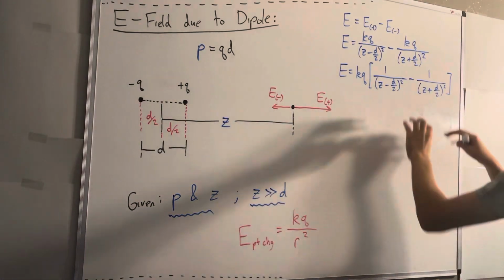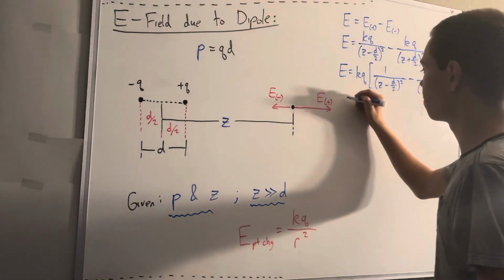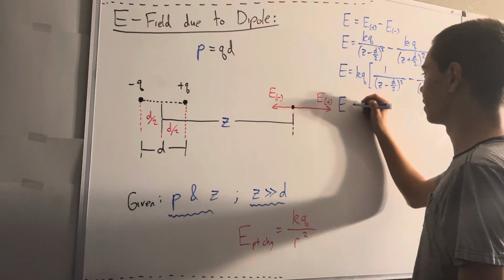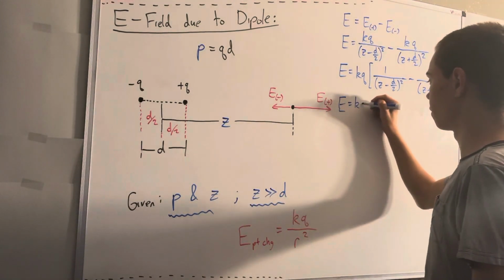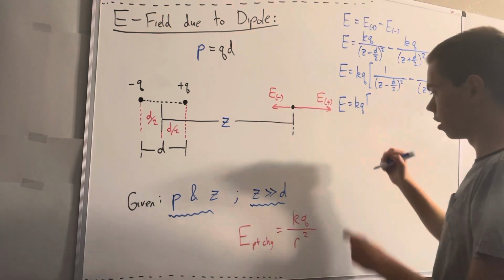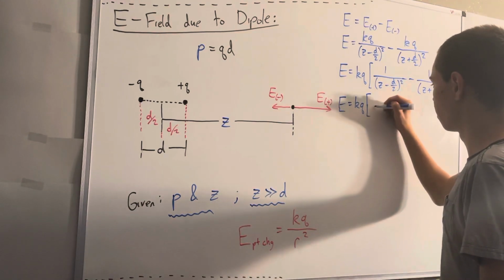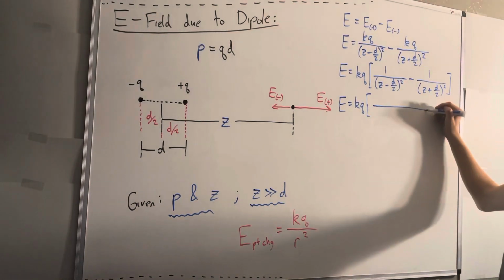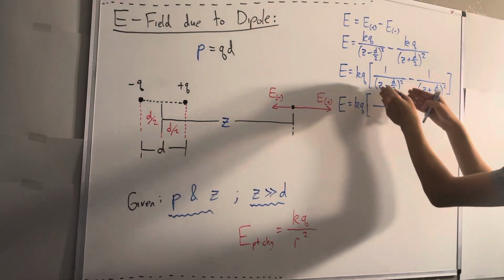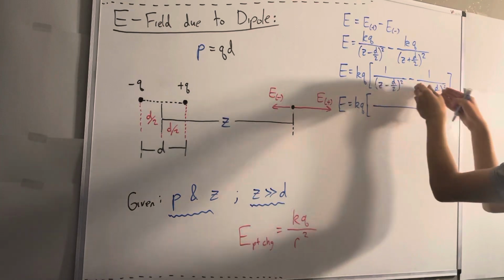Basically, all we have to do now is combine these fractions. The way we combine these fractions, we're basically subtracting them, right? We're subtracting two fractions, and so we're combining them such that we can do that. Okay, so when we combine them together, what we have in our denominator is this times this, right?